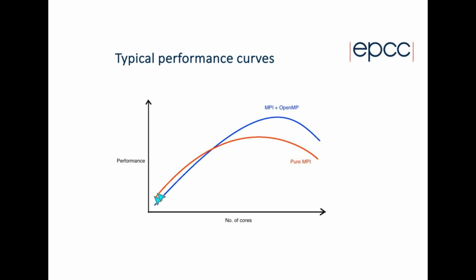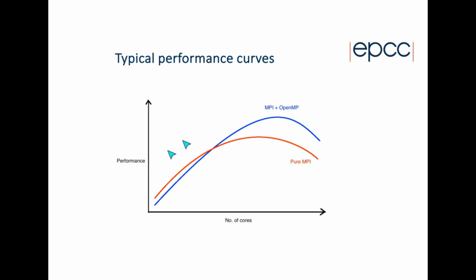It starts off scaling quite well, so you get almost linear scaling. Then after a while, the scaling tails off. The performance reaches a maximum somewhere, and then if you try to use more cores, more MPI processes, the overheads of communication and load imbalance and so on start to dominate, and the performance starts to drop eventually.